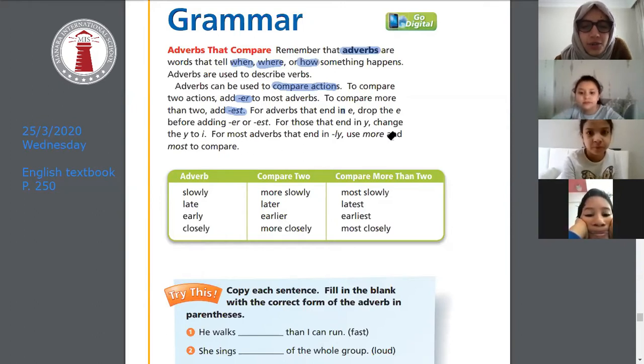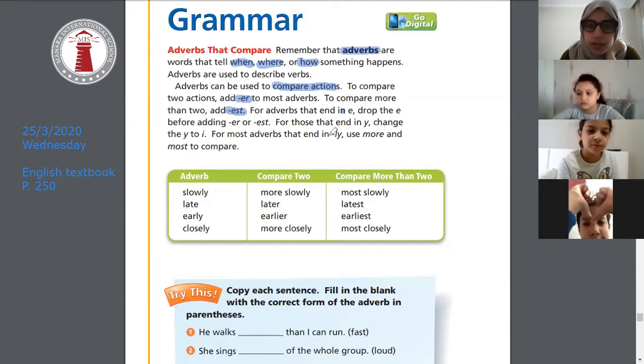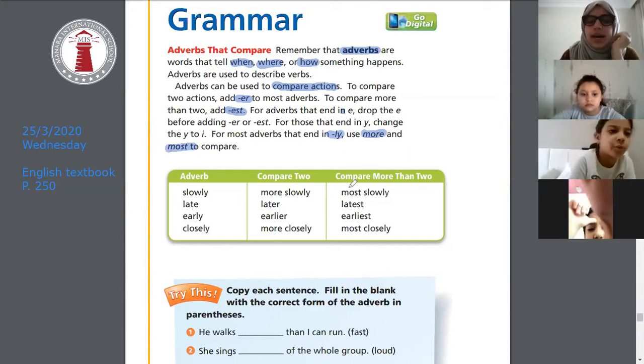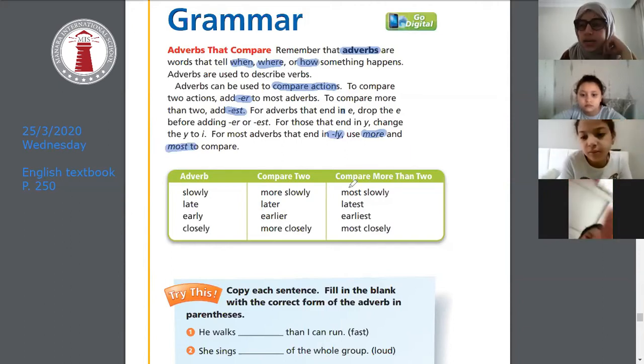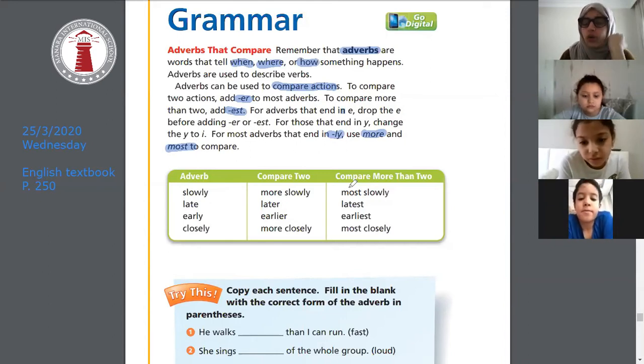For those that end in y, if you remember, when there's a y, we have to remove the y and add i, then er or est. And for most adverbs that end in ly, because most adverbs end in ly, right, we use more or most. If there's an adverb that ends in ly, we can't change the word itself. We can only add more or most.